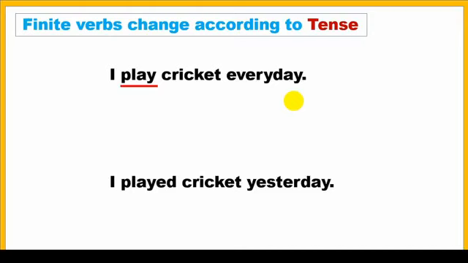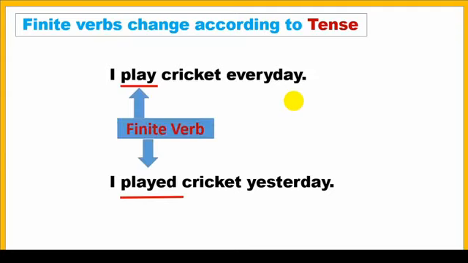This sentence is in past tense and played is the verb. So you can see here that the verb play changed into played as per tense. So here play and played both are finite verb.